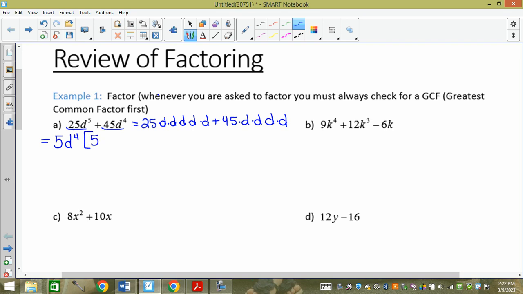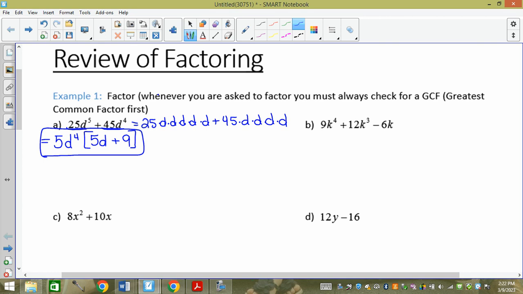And then d^5, so 5 d's, and I take out 4 of them, I'm left with just a d. Then plus sign, I do the same to this one. 45 divided by 5 is 9. d^4, take out 4 d's, done. That's it. Could I use round brackets instead of square brackets? Absolutely. That's pretty good.